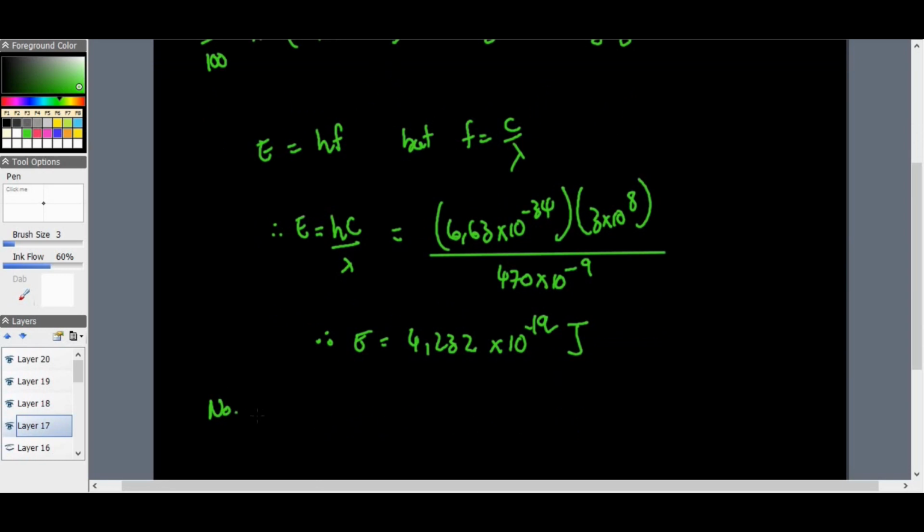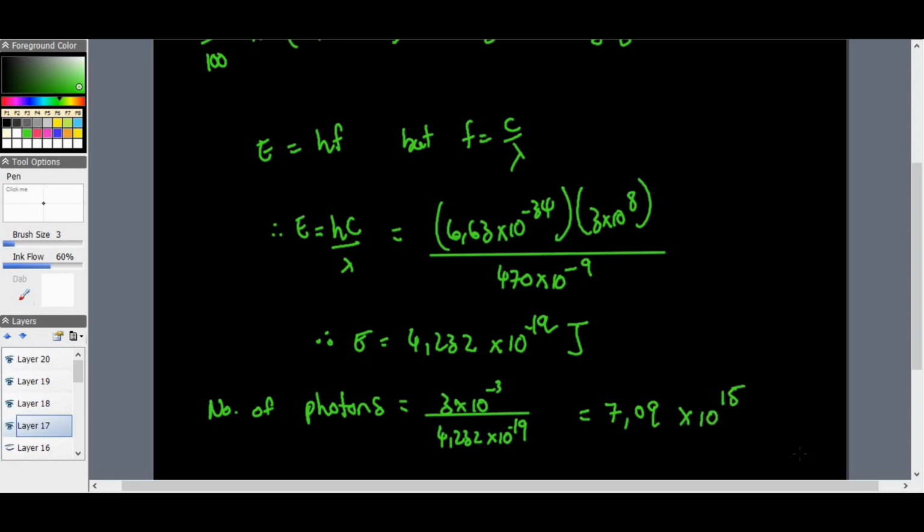So number of photons is equal to the energy radiated per second, which is 3 times 10 to the negative 3, all divided by the energy of a photon, which is 4,232 times 10 to the negative 19. That gives us the number of photons emitted, 7,09 rounded off, times 10 to the power of 15 photons. You don't have to add units because it's just a number.